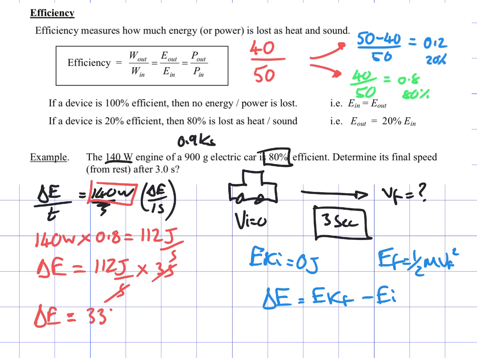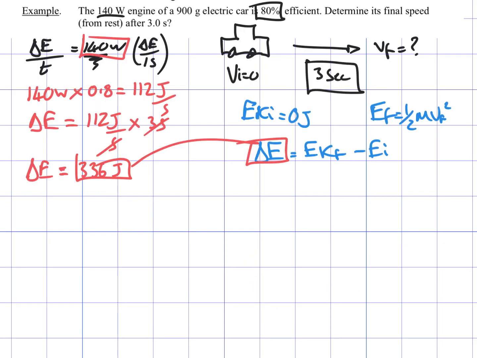So 336 joules is the change in the energy, and that is equal to the EK final minus the EK initial. So we're going to restate that. We're going to say 336 joules is the delta E, and then the EK final is going to be 1/2 mV final squared minus the EK initial, 1/2 mVI squared, except of course this is 0 because it starts from rest.